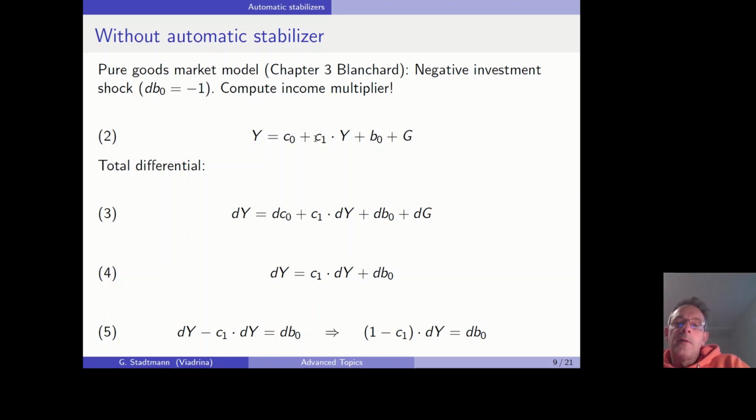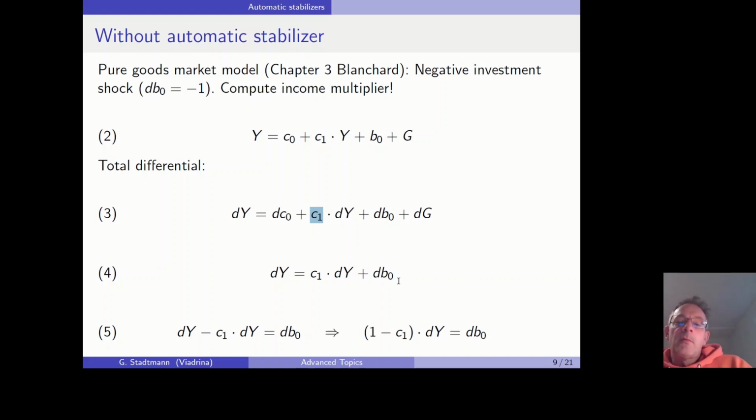We have to be careful because C1 is a parameter, and we do not write a D in front of a parameter because one implicit assumption is that the parameters are constant, parameters do not change, and therefore we don't write a D in front of the parameter C1.